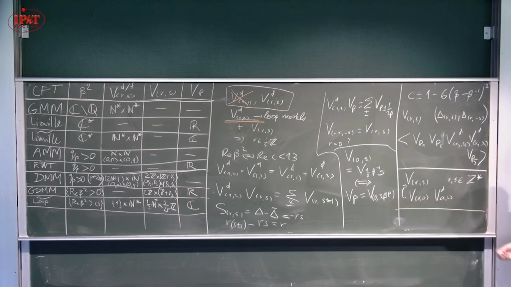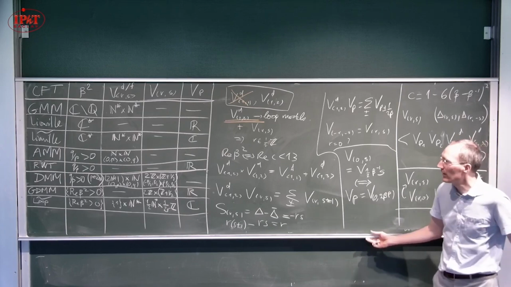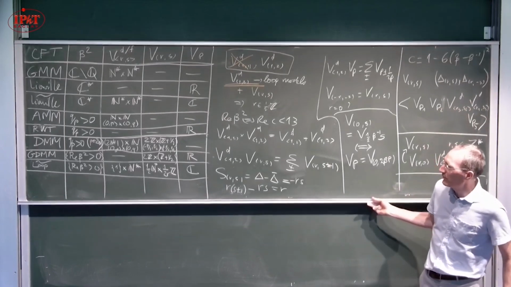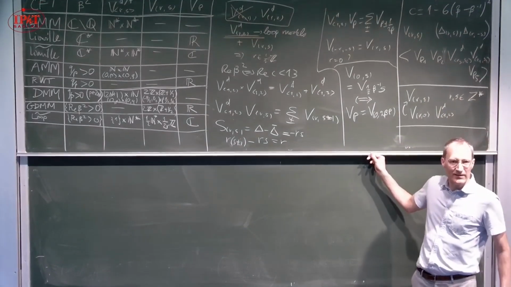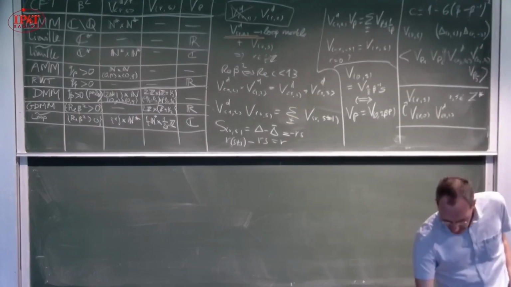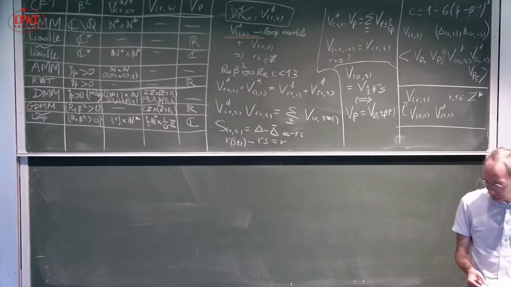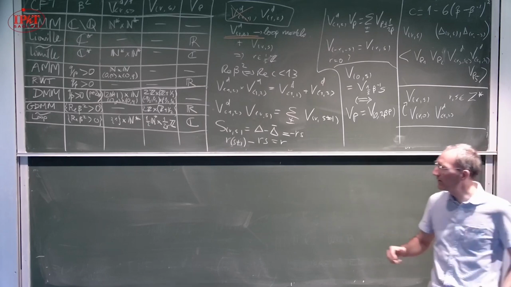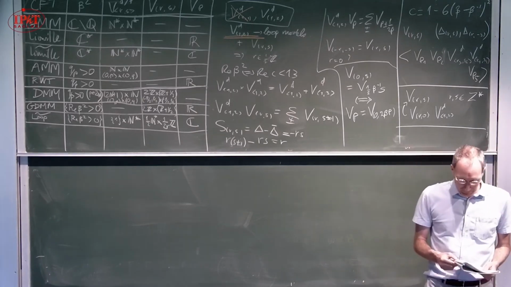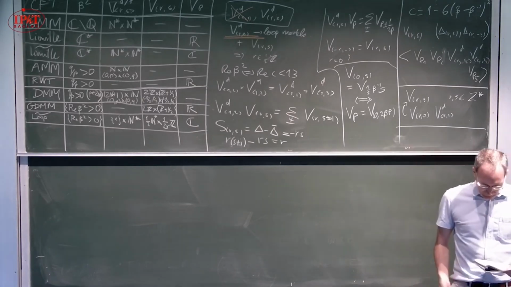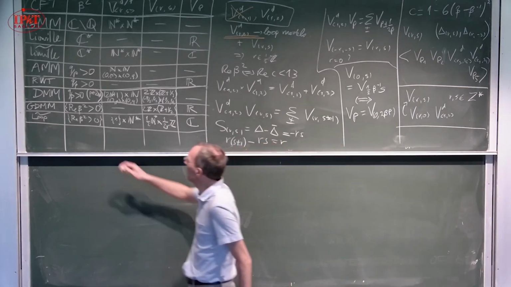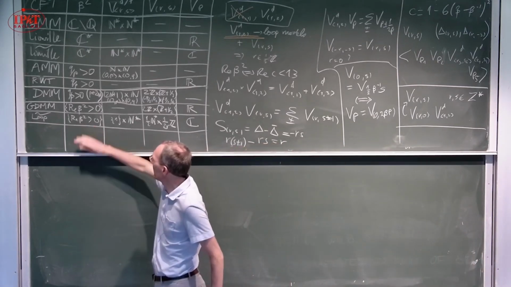Okay, so that's all I want to say about the spectrum of the model. So then, what else can we say without getting into much detail? First, we know the values of beta squared.